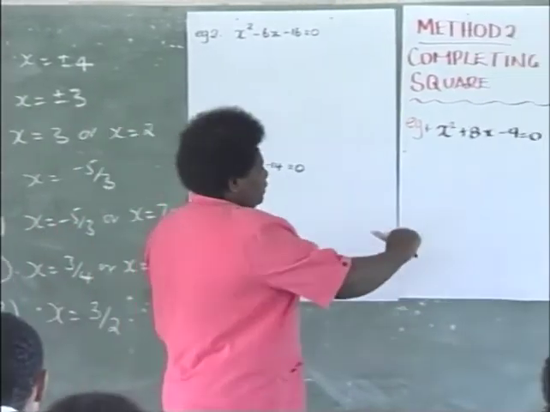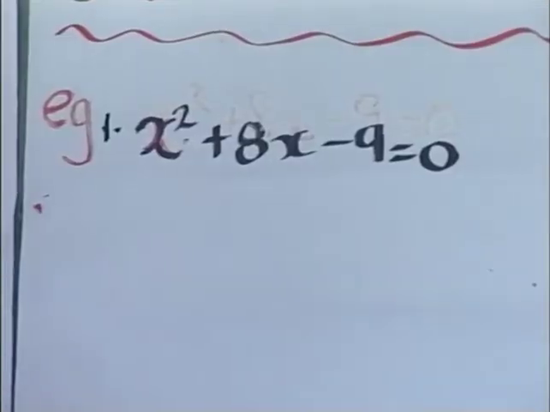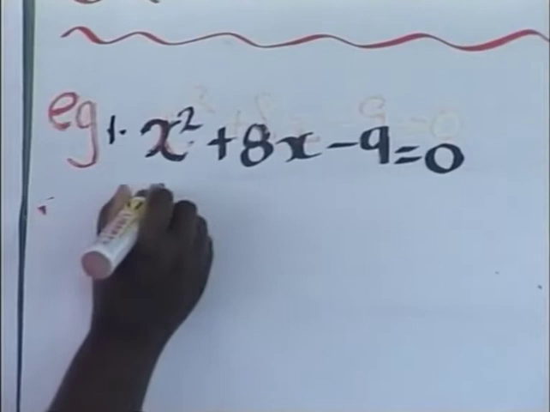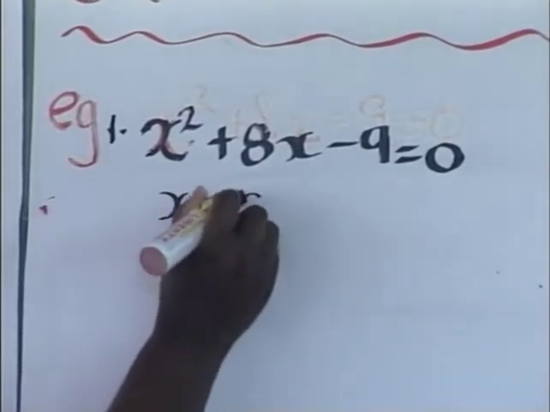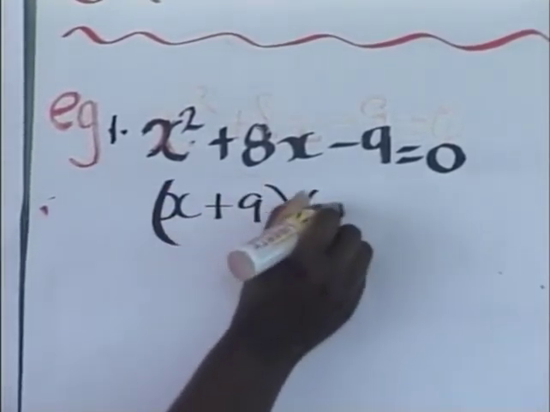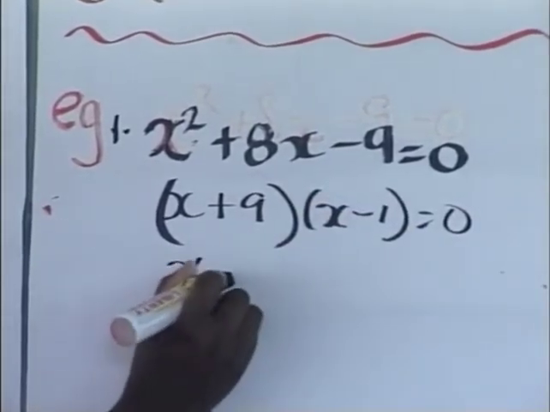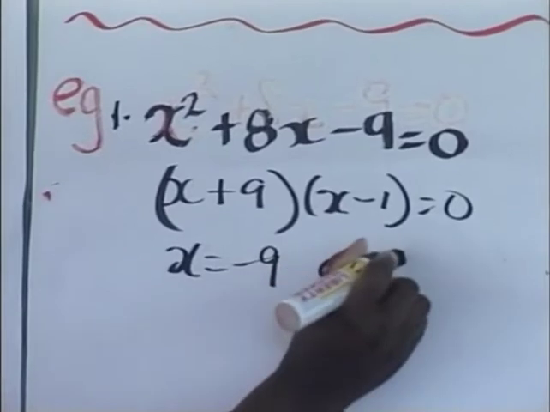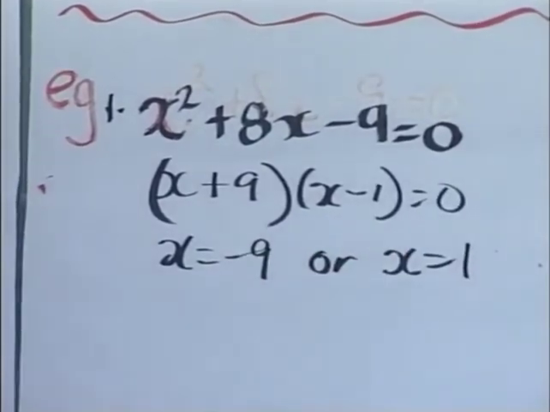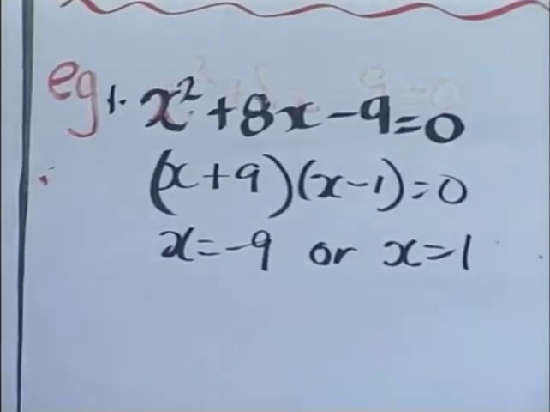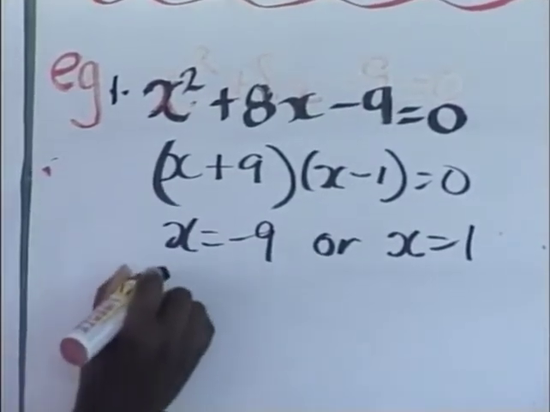If I were to factorize this, 2 factors of -9 that will give +8 are 1 and 9. So x plus 9 times x minus 1. So I get x equals -9 or x equals +1.